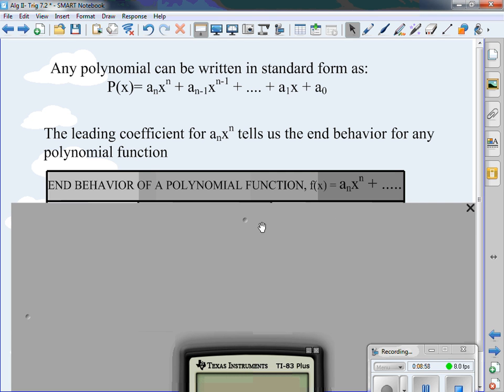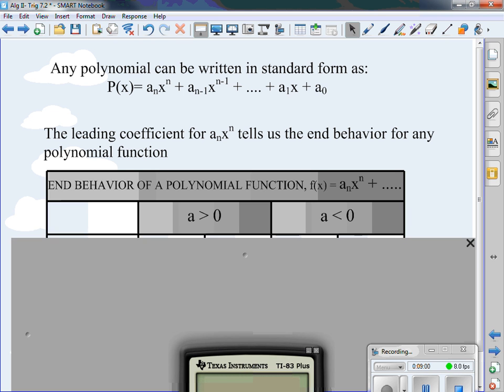So I'm going to have a chart here. The number out front is either going to be positive or it's going to be negative. What number is missing from here? What number is not included in either of these?